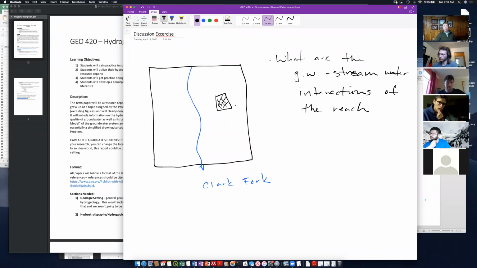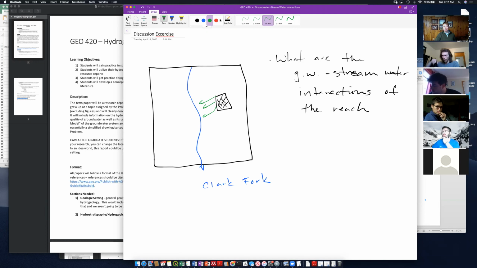So if we added a bunch of contaminants from paper processing into our alluvial groundwater system, it's pretty important to think about whether this thing is gaining or losing to the groundwater system. If it's gaining, then contaminants are going to come into the Clark Fork, and we've got to worry about that.